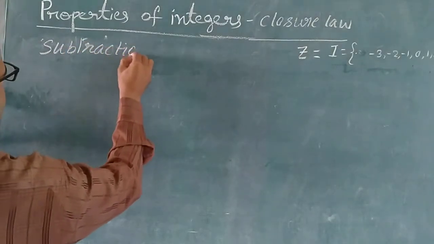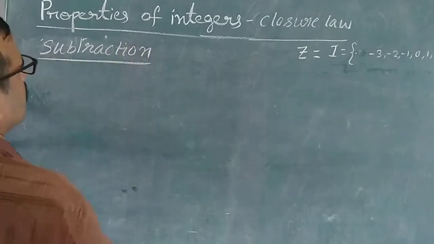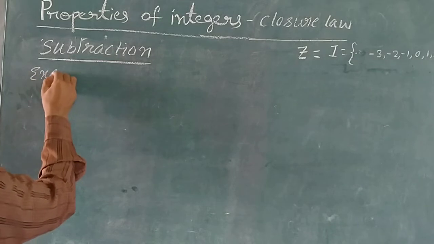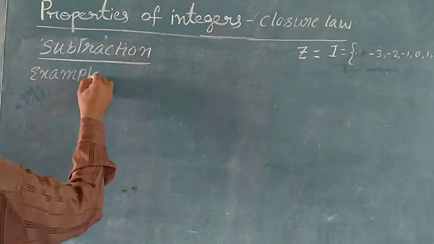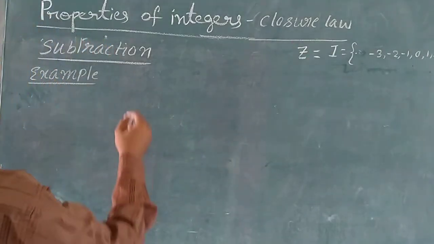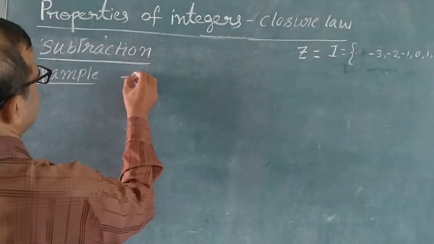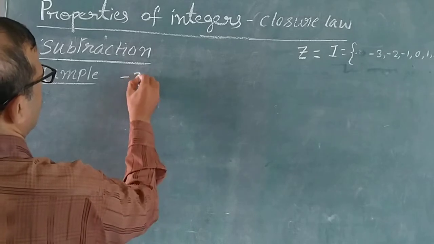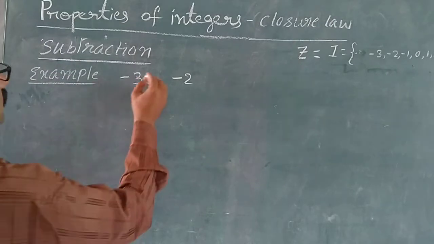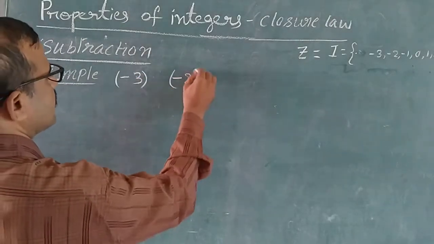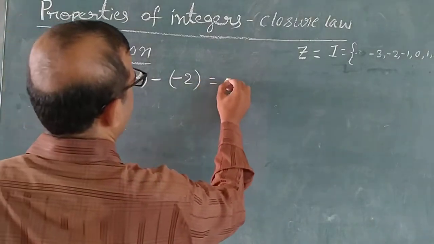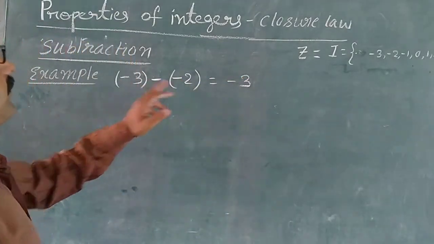So for subtraction, take for example any two integers from the set of integers. Suppose we take one integer -3 and another integer -2. Subtraction means again minus. So -3 minus -2.